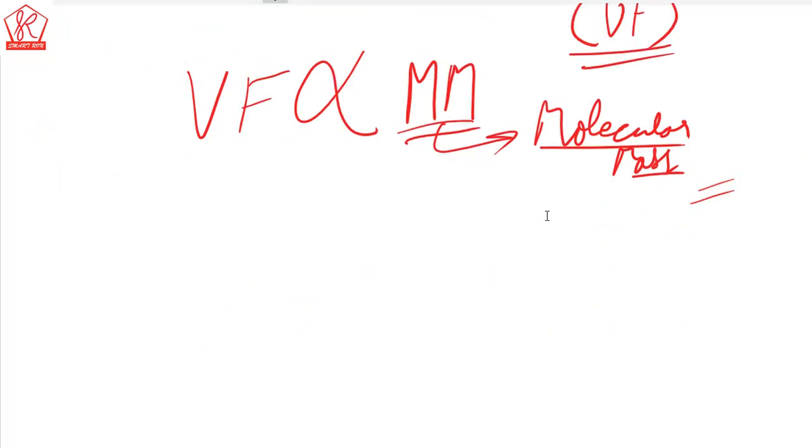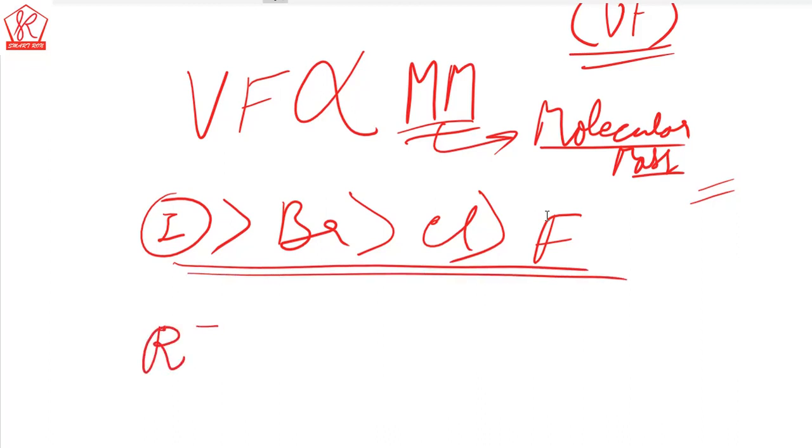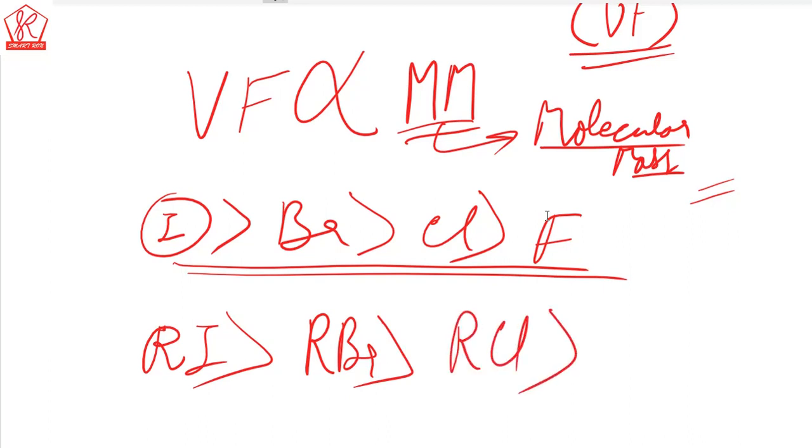So according to molecular mass, the biggest atom here is iodine, then it is bromine, then it is chlorine, and then it is fluorine. So we can understand very well that RI will have the highest boiling point, RBr will have the boiling point after that, then RCl, and the least boiling point will be of RF.